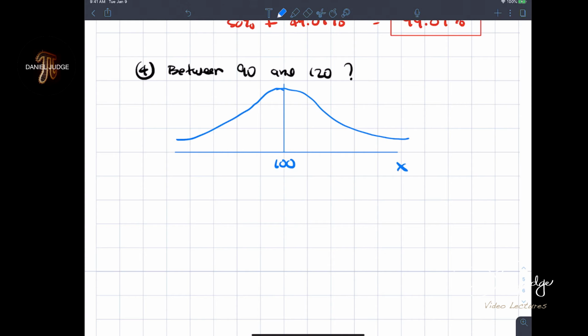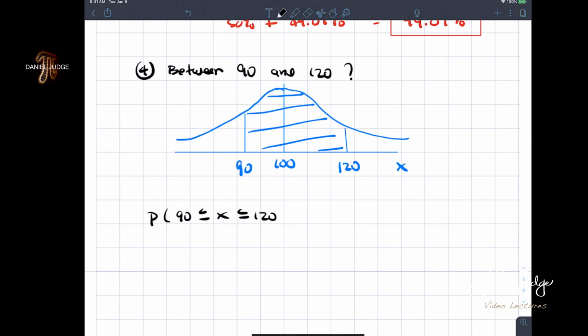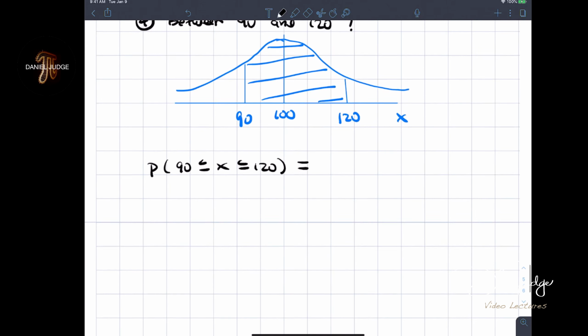That's x. Locate where 90 is and 120. So 90 will be to the left of 100, and then 120 is to the right of 100. They want this part of the bell shaded. 90 less than or equal to x less than or equal to 120.